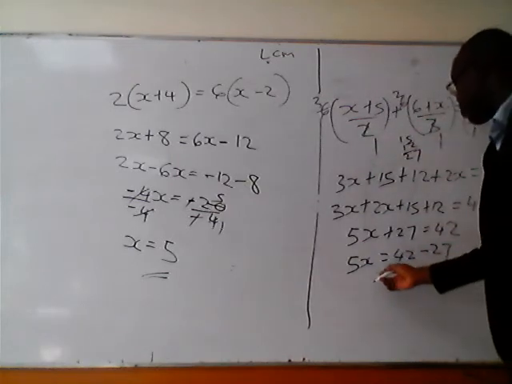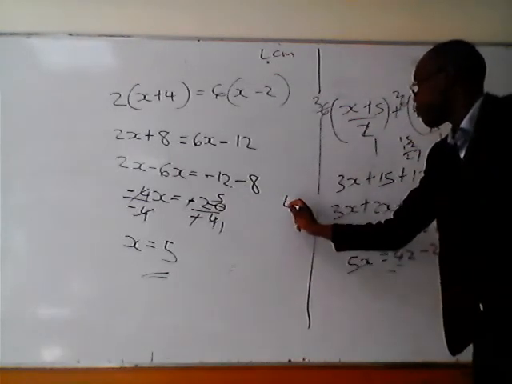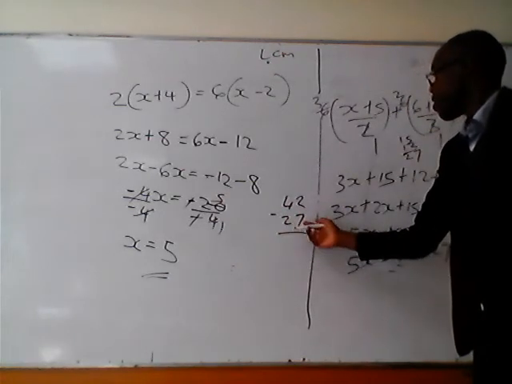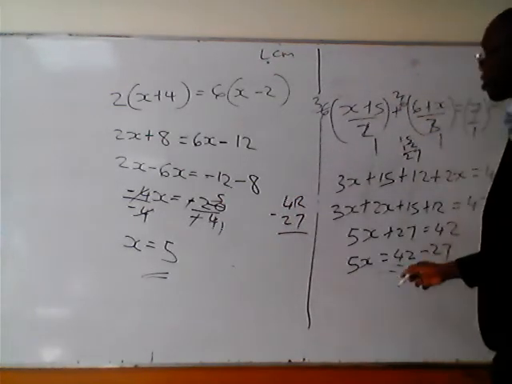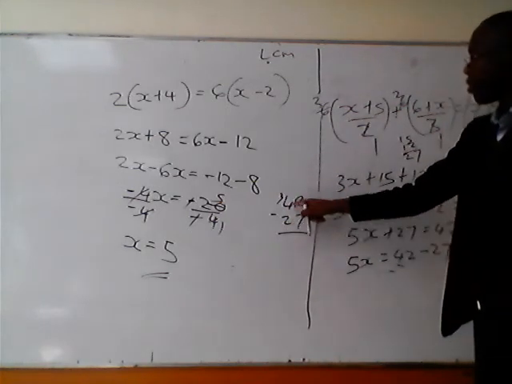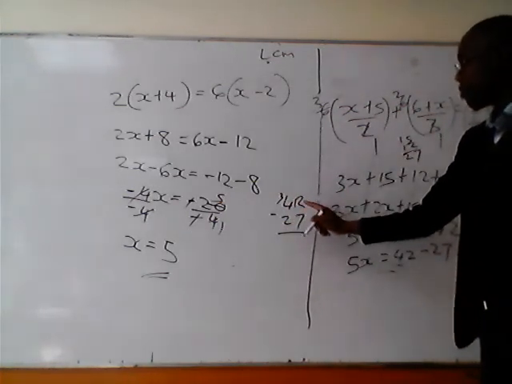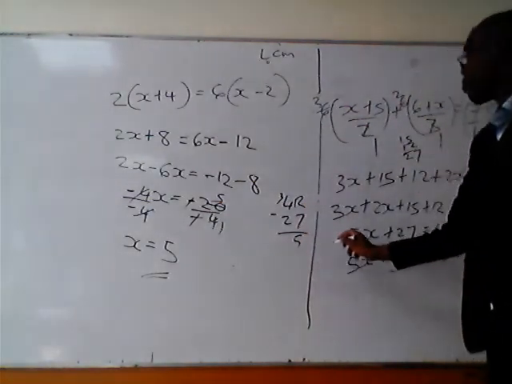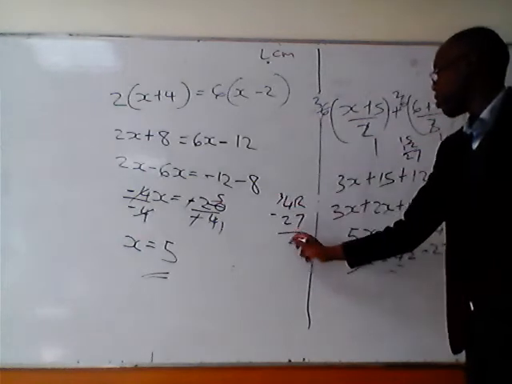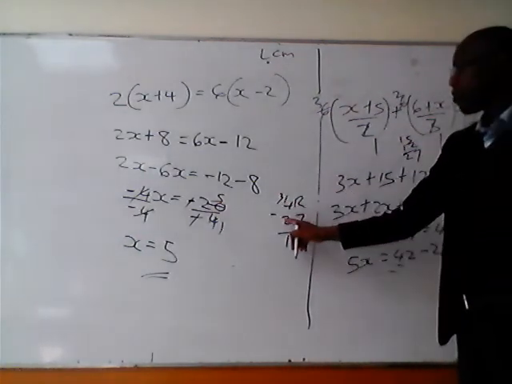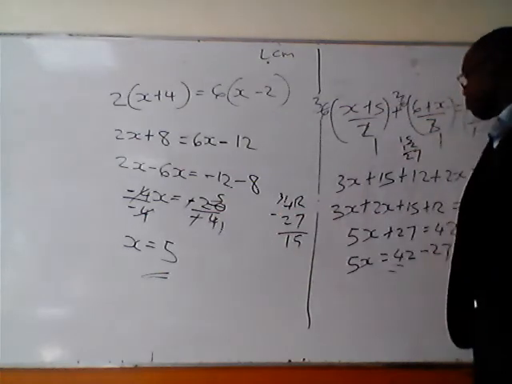So now we have 42 minus 27, whereby you take the way we used to do, so 12 minus 7 is going to be 5, and then we'll have 15 there.